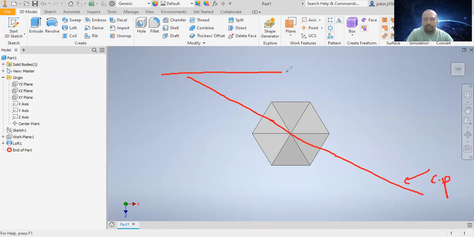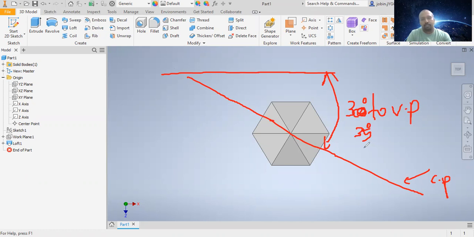This cutting plane is inclined at an angle of, I think, 30 degree to VP. Sorry, not 30, 35 degree to VP. And this cutting plane passes through the axis of the pyramid.